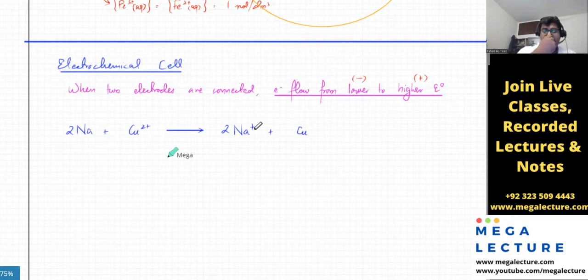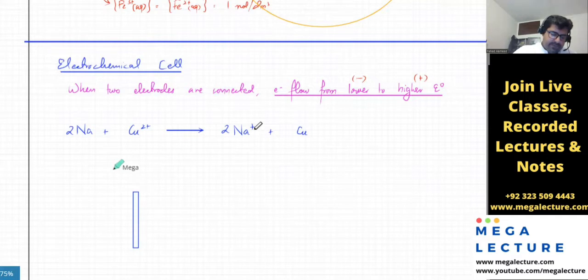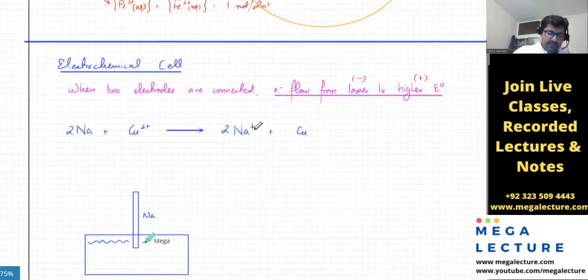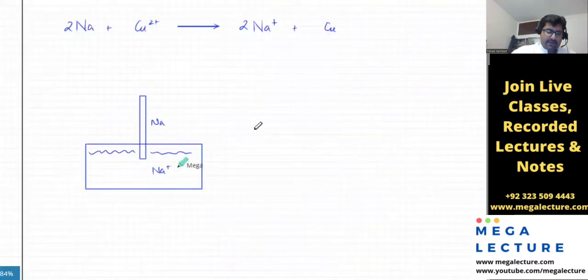What I'm going to do now is I'm going to try and figure this equation using the half electrodes. So there's a sodium ion electrode. So I've got a piece of sodium, and that's in equilibrium with sodium ions. Okay, so I've got a solution that contains sodium ions. And I've got on the other side, copper in equilibrium with copper ions.